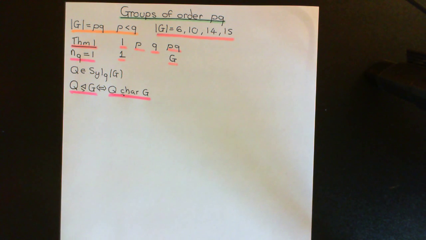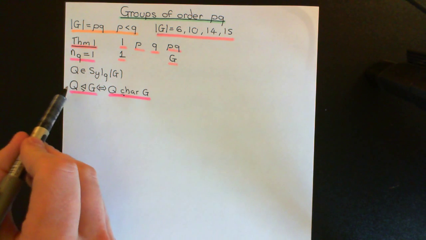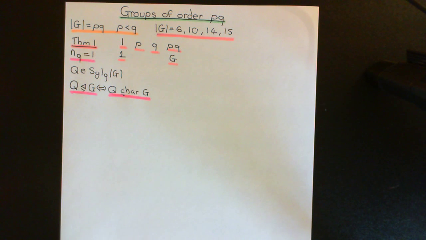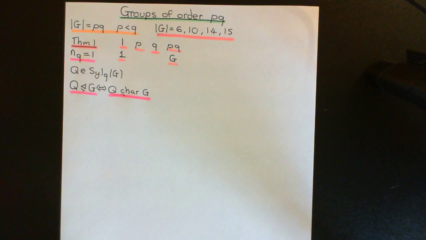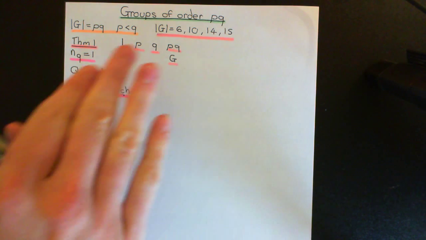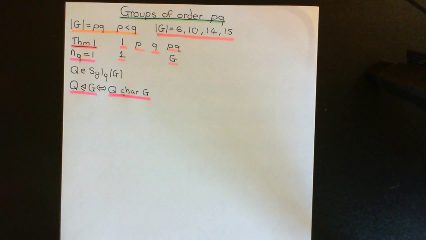And the reason is that all Sylow subgroups are conjugate to one another by the second Sylow theorem. So if this Sylow subgroup is normal inside the group, then you can instantly conclude that it must be the only Sylow subgroup for that prime. Let's generalize this. The instant you have that a Sylow subgroup is normal in a group, and this goes beyond what we're just talking about here, this is a more general point, you can instantly conclude it's characteristic, and the reason is that all Sylow subgroups are conjugate to one another.